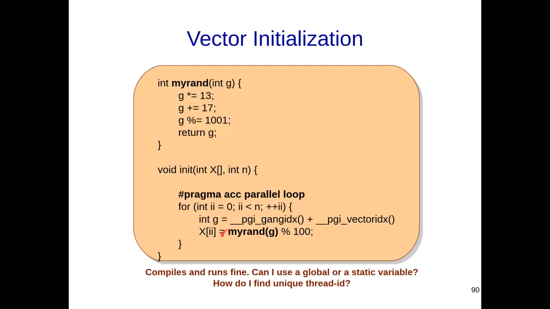Otherwise, if I just use my rand, then that is going to always give me the same value, right, if I cannot have any starting point for my rand. So that starting point is provided by this parameter. Is there a way I can have this starting point, and how does the original rand function do it? The original rand function uses a static variable.